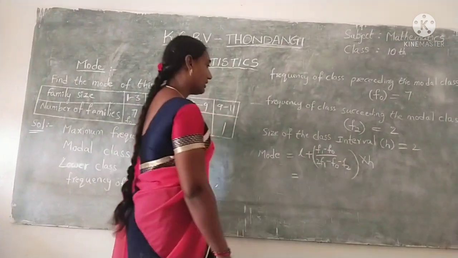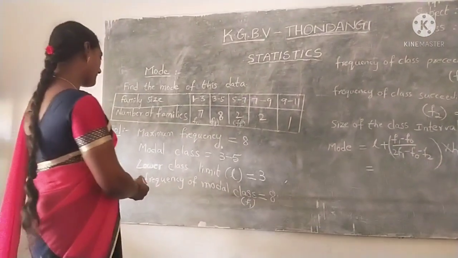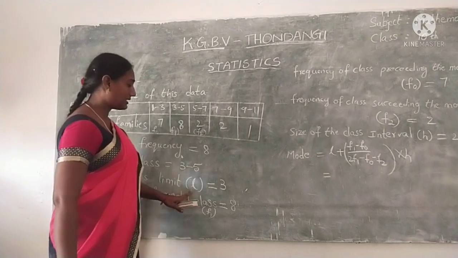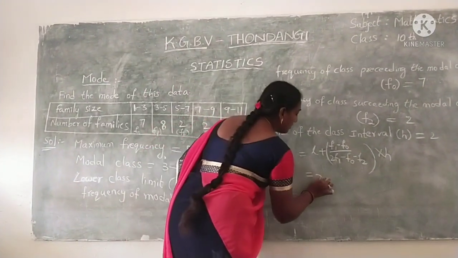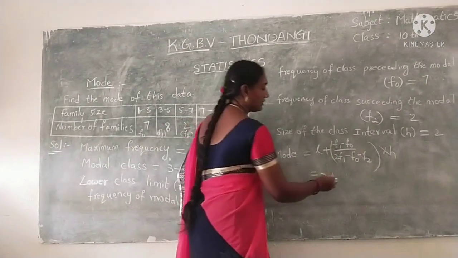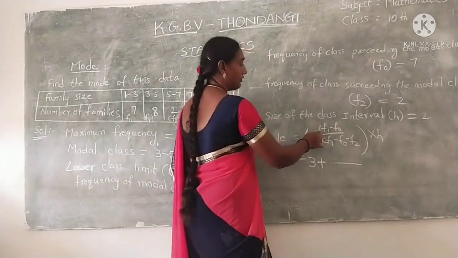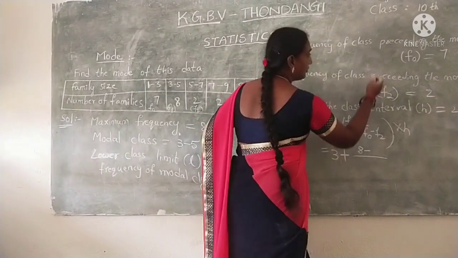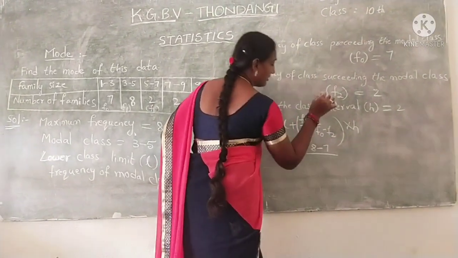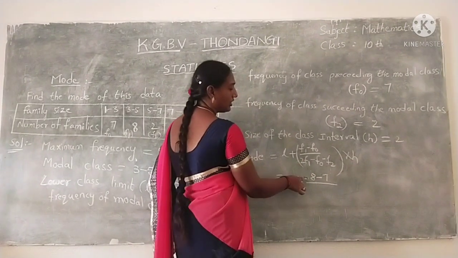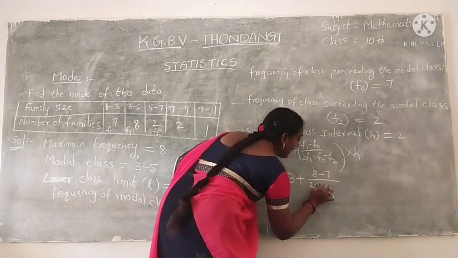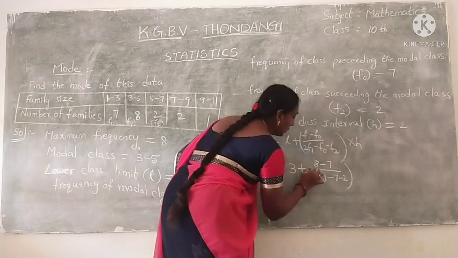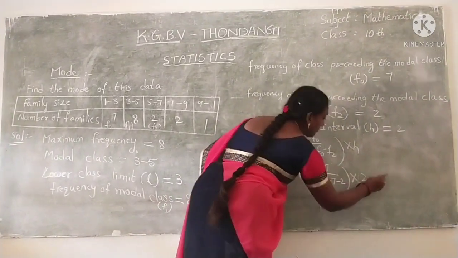That is equal to, here the lower limit L means 3. Next, F1 means 8 minus F0, that is 7, by 2F1, that means 2 into 8, minus F0 7, minus F2 2, into H which is 2.